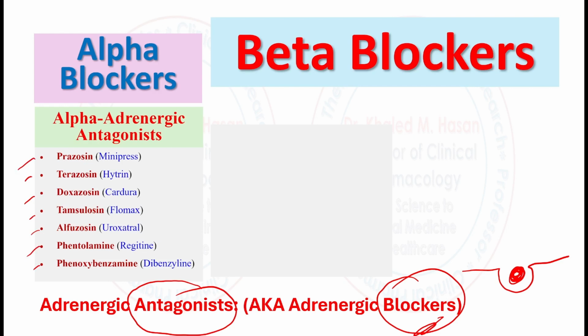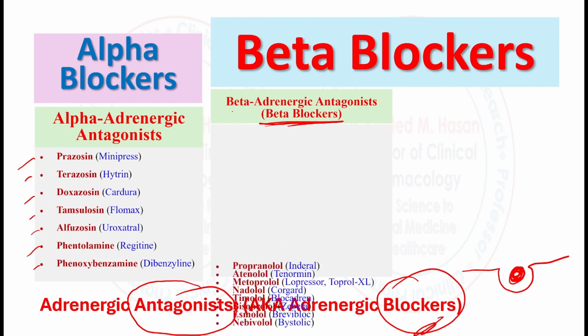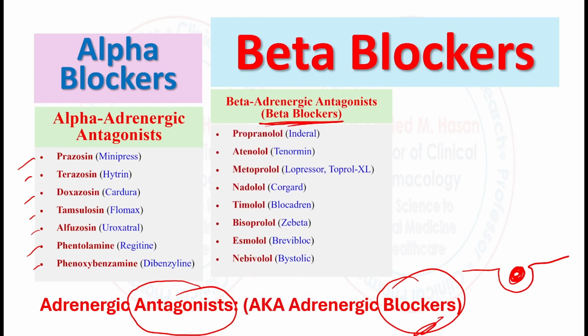Okay, what about our topic, beta blockers? We have beta adrenergic agonists and beta adrenergic antagonists. Here we talk about beta blocker antagonists. We have propranolol, brand name Inderal, and atenolol, brand name Tenormin. Then we have metoprolol, two types: Toprol XL for heart failure, and Lopressor for hypertension. Nadolol, Corgard, is a long-acting beta blocker.